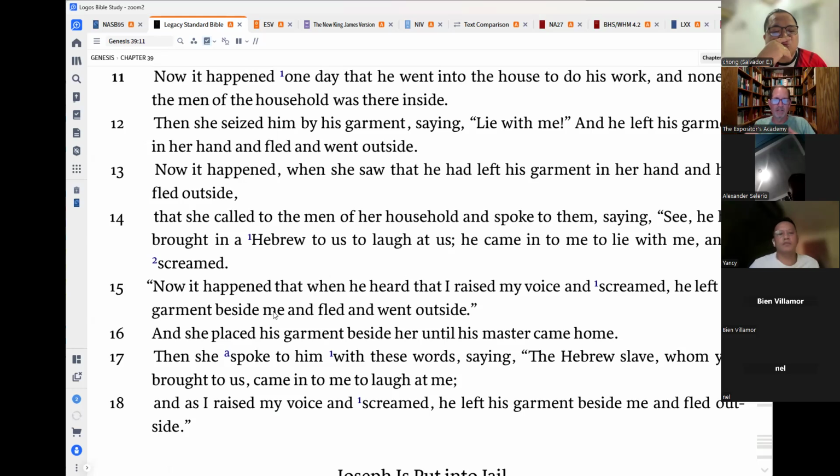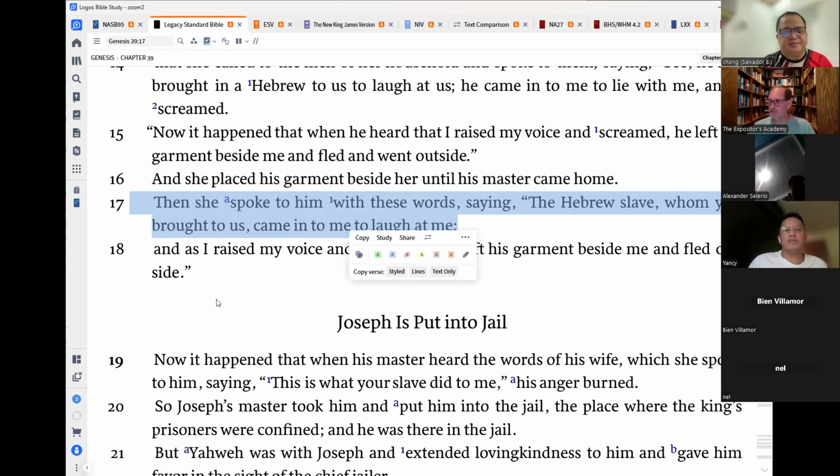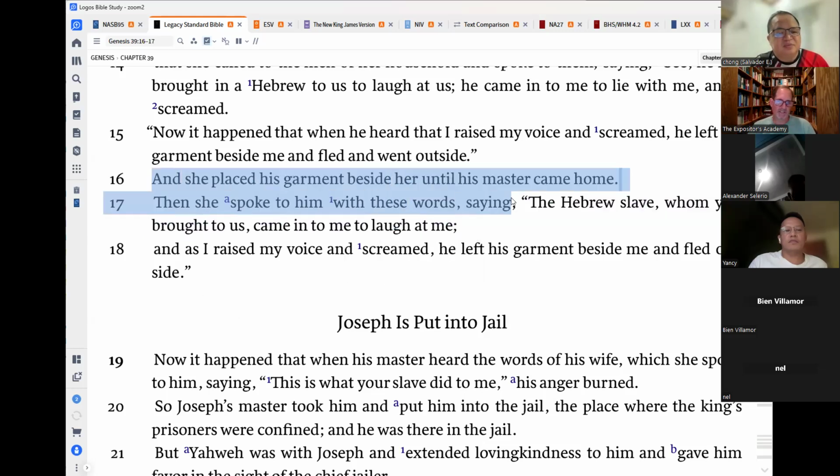And then in 17, the master has arrived and she speaks to him. So some time has passed between verse 16 and 17, and also there is a change in characters because now the master is home. So that's why I would probably put it at verse 17, but you could put it at 16.